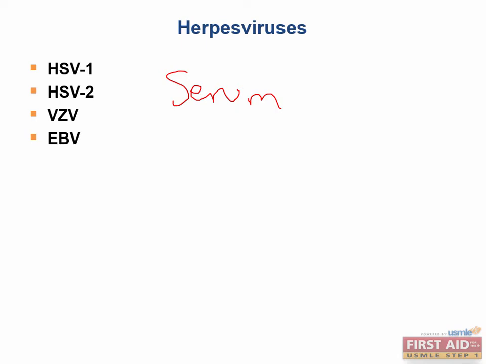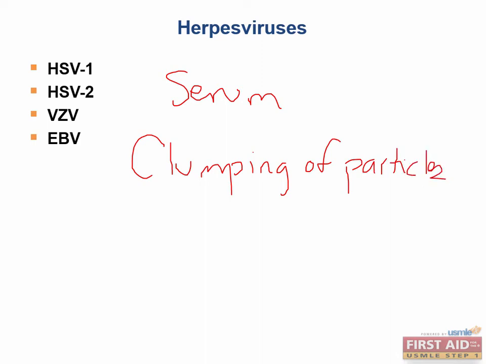Do you remember what agglutination is? Agglutination stands for clumping of particles, like glue. Agglutination occurs when an antibody is exposed to an antigen. Those come together and agglutinate, forming an antibody-antigen complex.